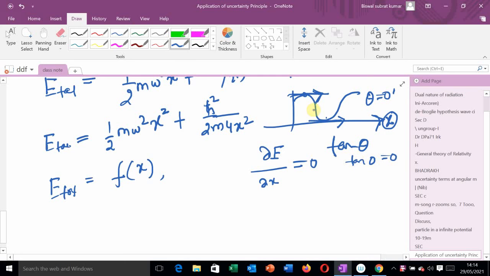So at the point of maxima or minima, it will be 0. Now take this expression of E total, take the derivative with respect to x, and put it equal to 0. When we put this equation to 0, we will find the value of x where the minimum energy is occurring.